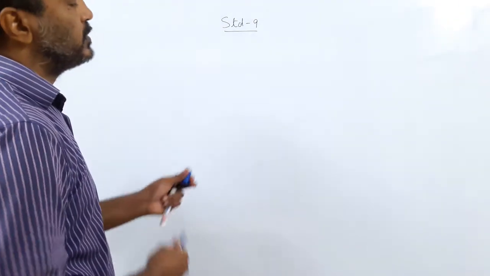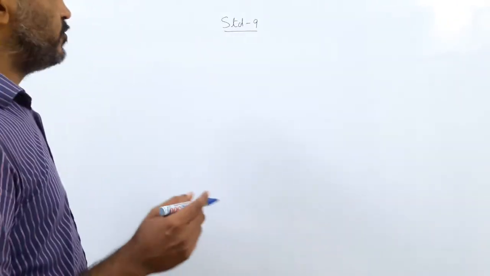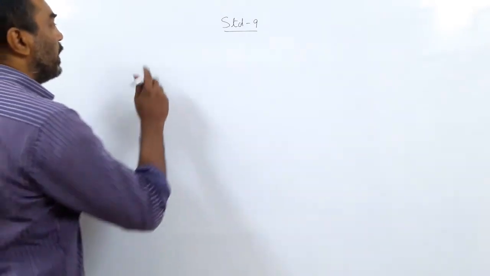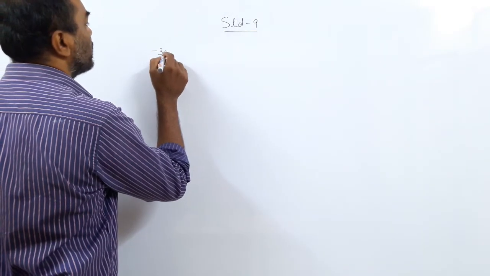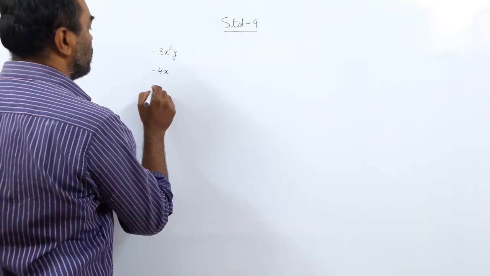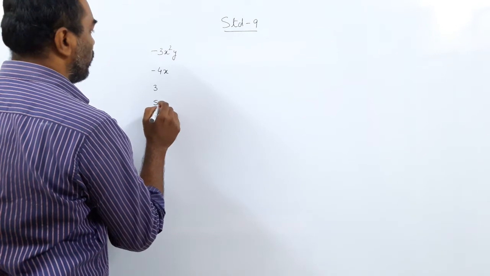Good morning, friends. So, yesterday we started with the chapter polynomials, and we are going to understand a few things today again, a little bit of revision first. So, we had say minus 3x square y, minus 4x, 3, 5x square.